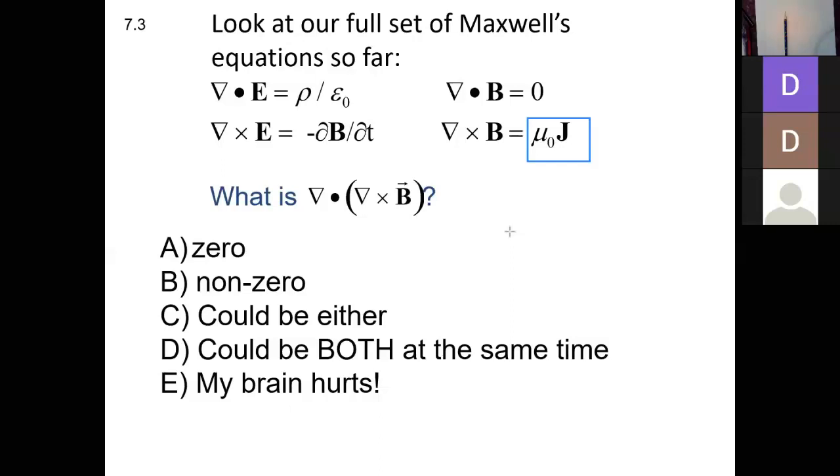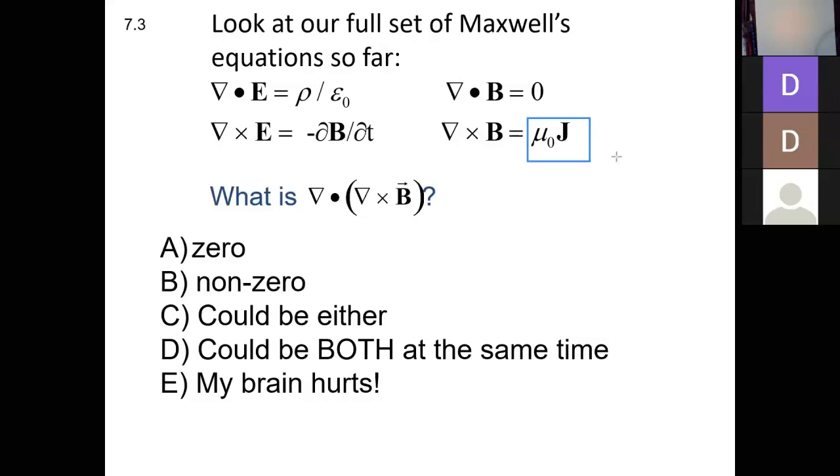But it should be equal to the rate of change of the charge. So let me put it this way: if we have a non-constant current density, then it's not 0. If our current density is constant, which we've always done in magnetostatics, it is 0. But it's not always 0.